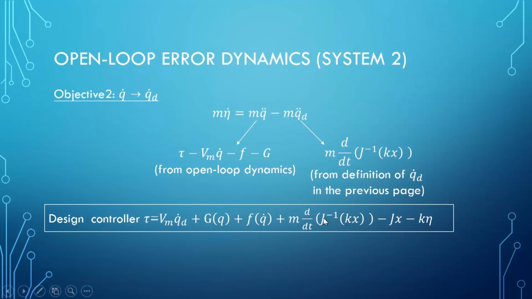This J inverse is the inverse of the Jacobian matrix. Imagine that if you are considering a 6-axis robot arm, this J matrix will be a 6 by 6 matrix, which is a bit large.